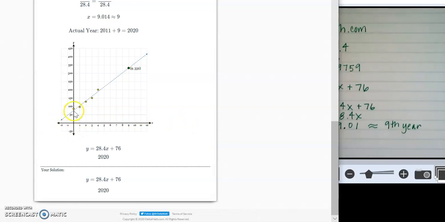But this was our scatter plot right here, and the line of regression is right in there, and you can see that that is a really good line, and the data points are very strong. So that 0.97 correlation coefficient, you can see clearly how close that is on that scatter plot. And then we were asked to figure out in what year the profit would be 332,000, so we worked backwards and got 9.